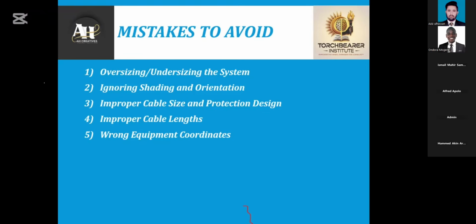The same goes for protection, for example the circuit breakers and the SPD. So it's very important to do proper sizing and also proper cable length estimations. Wrong equipment coordination can also lead to a system failure.